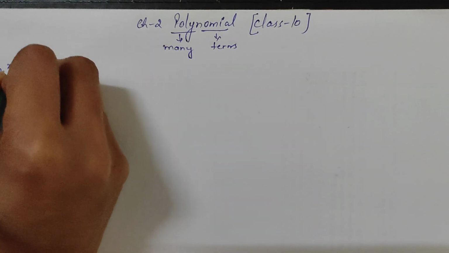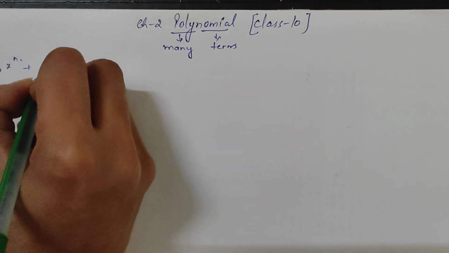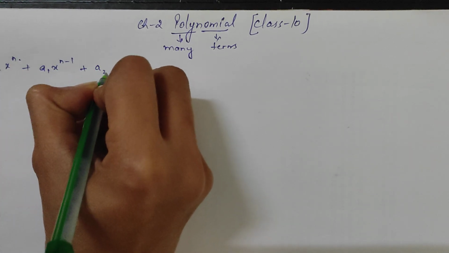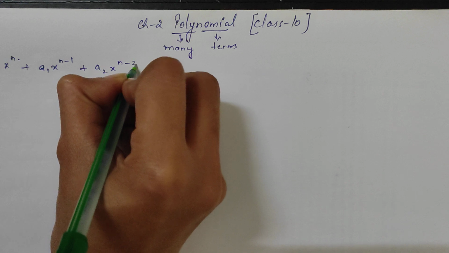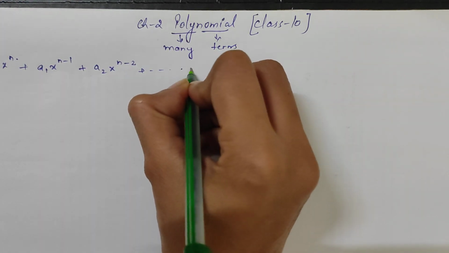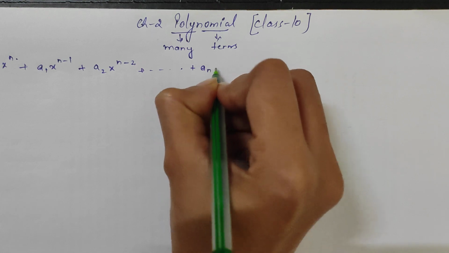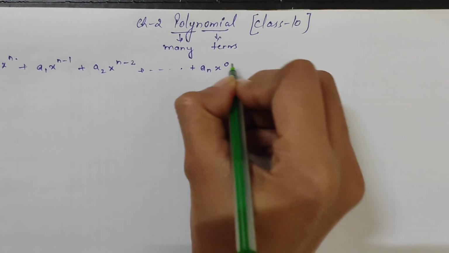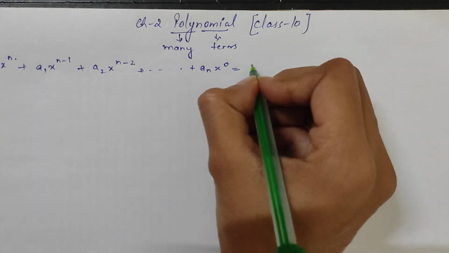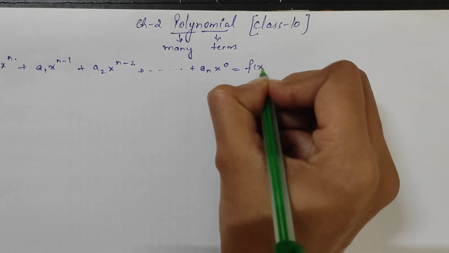a naught x to the power n plus a1 x to the power n minus 1 plus a2 x to the power n minus 2 and so on, up to an x to the power 0, is equal to f(x).